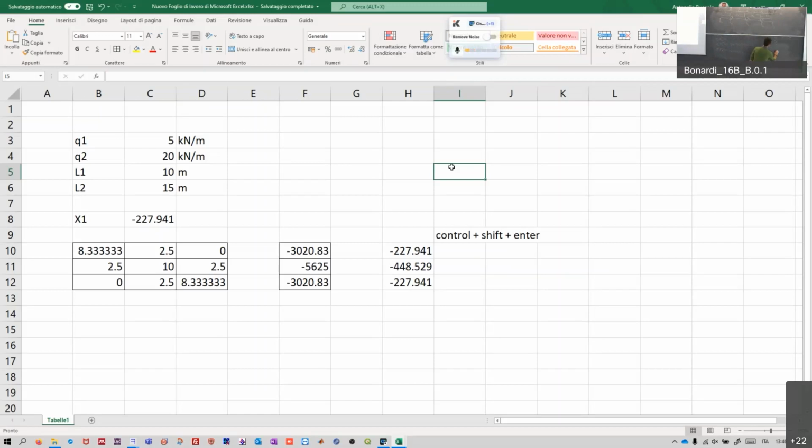And this is equal to VI for symmetry. If we substitute all these values, and we substitute Q1, L1, Q2, L2, also in these other terms, we will end up with the numerical value. And you can use Excel to compute it quicker, for example.